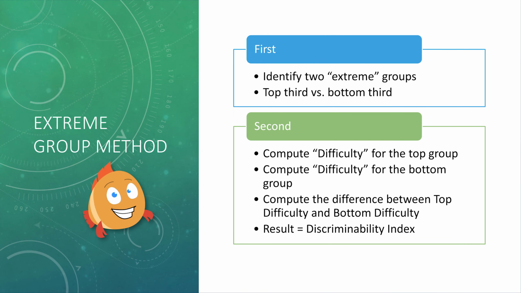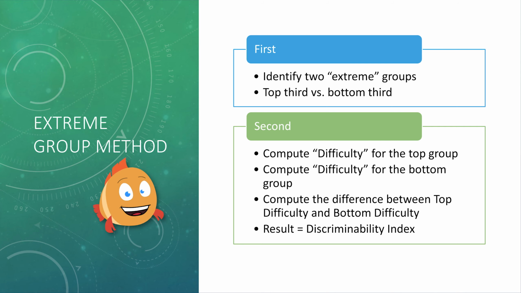So here's the extreme group method. First, we have to identify our extreme groups. Often this boils down to the top third or the bottom third. It has some problems with it, but the basic idea is to see if your questions are good at distinguishing between those two groups.